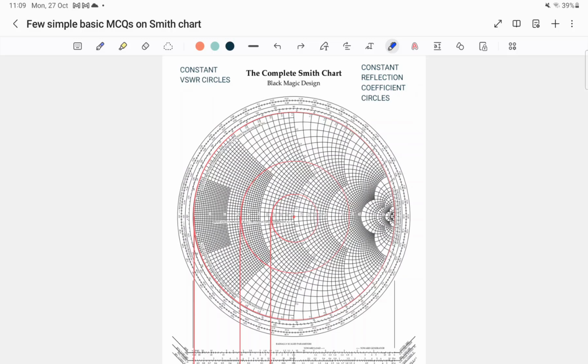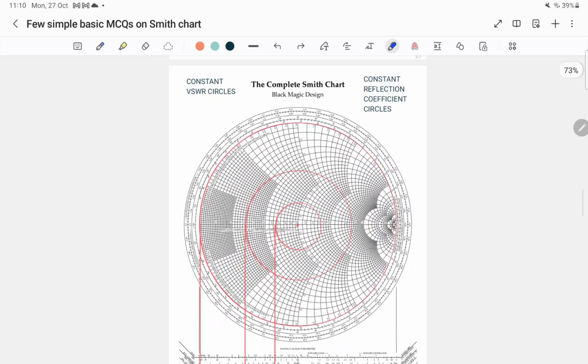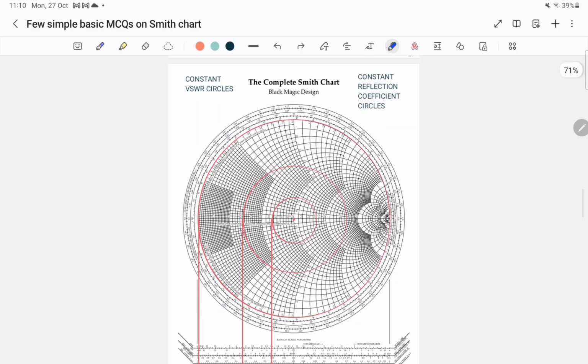The important point to note is that all constant VSWR circles and all constant reflection coefficient circles have their center at the center of the Smith chart.